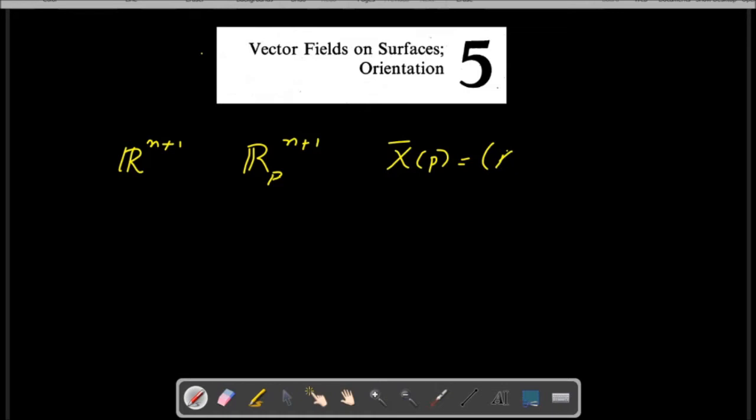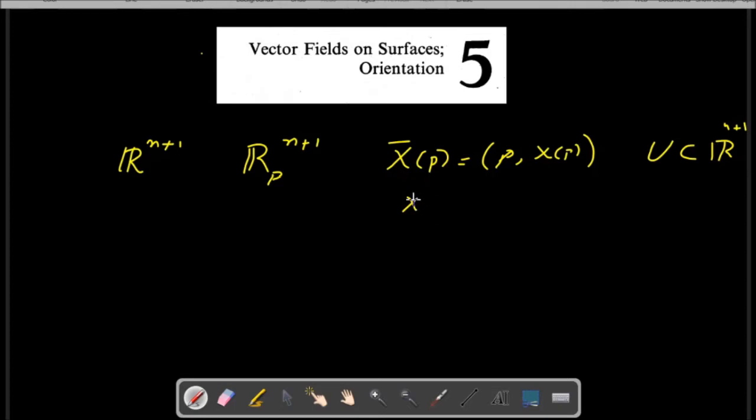Its notation is (p, X(p)), and the vector field is defined on an open set U in R^(n+1). This is the domain of X bar. So for all p an element of U, you can find a vector in the vector field.